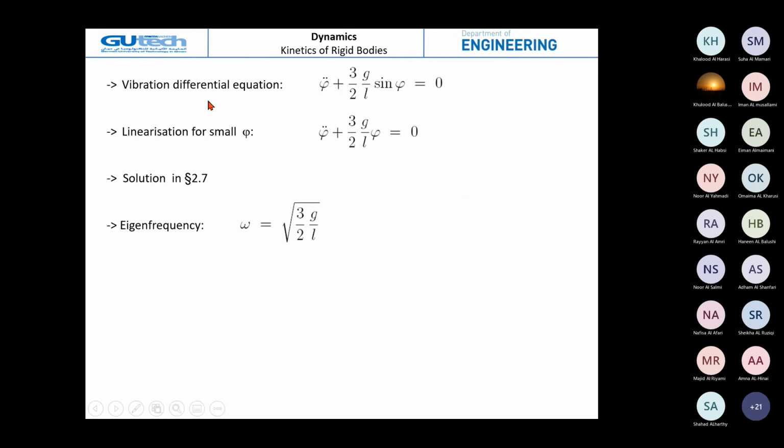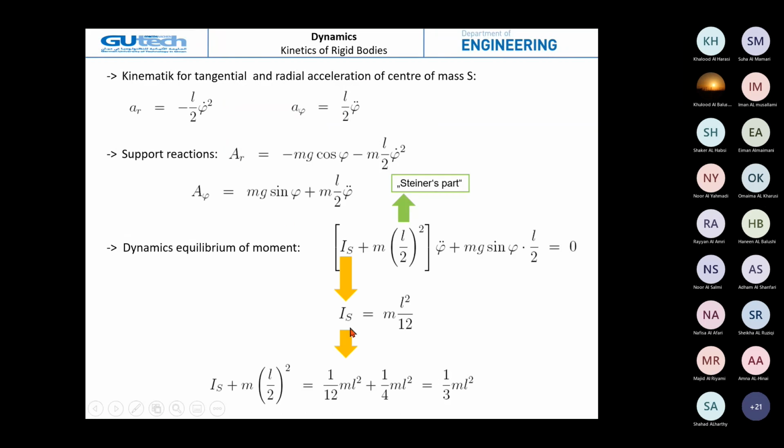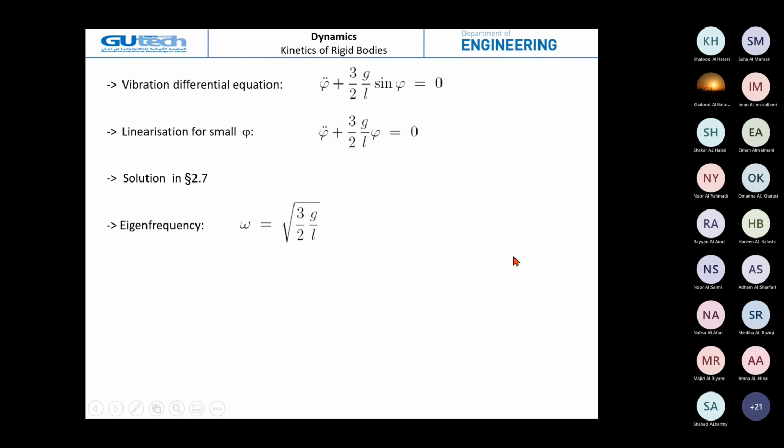Now, if we make here a vibration differential equation, what we have is phi double dot and phi here. If we make a linearization for small phi, we have sine phi equal to phi.